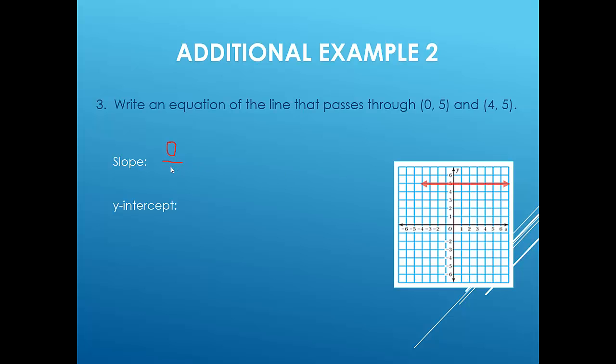So it's 0/4, which is equal to 0. And then our y-intercept would be 5, because this line crosses the y-axis at 5. So we're going to have y equals 0x plus 5, which is the same thing as y equals 5.